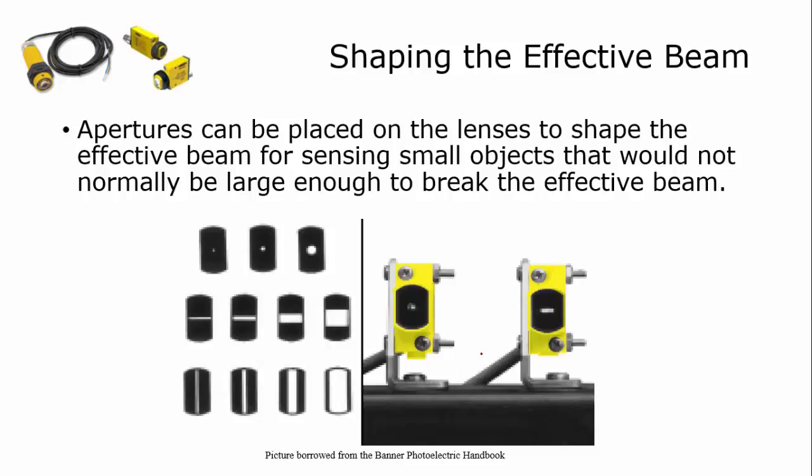You can also put something called an aperture on one of the lenses, or on both of the lenses, to help you shape the size and shape of the beam.